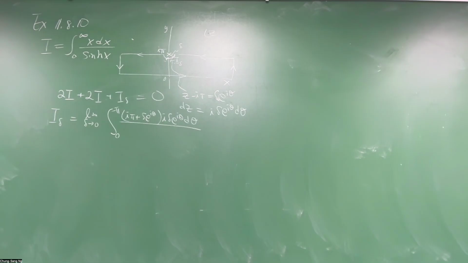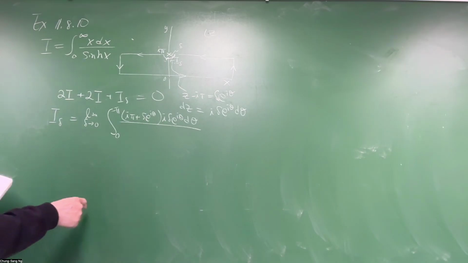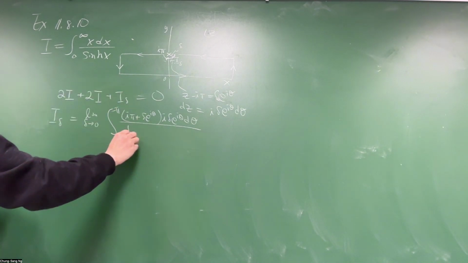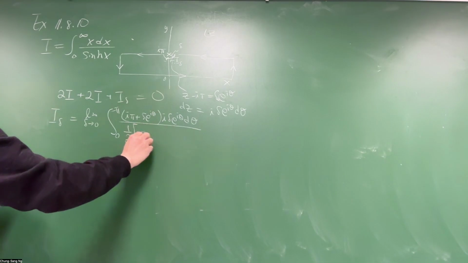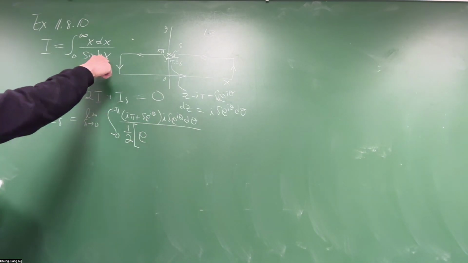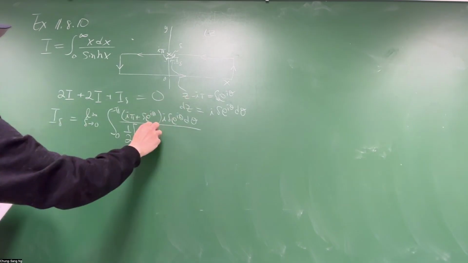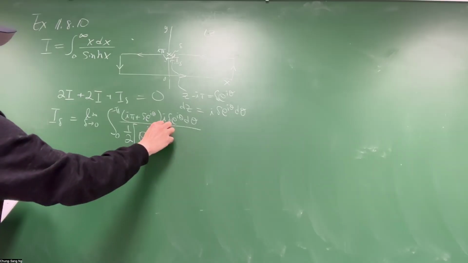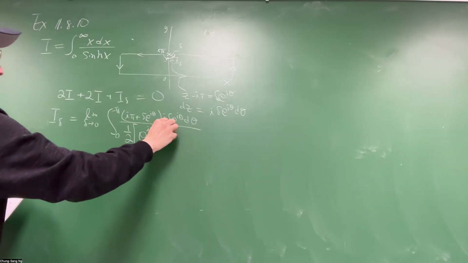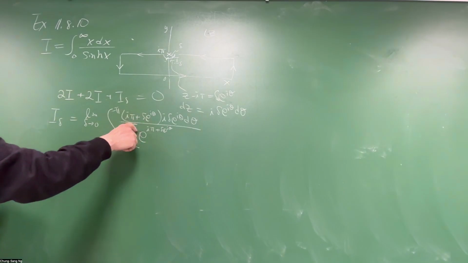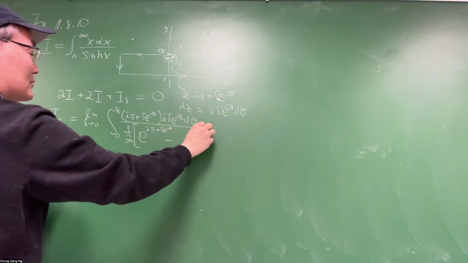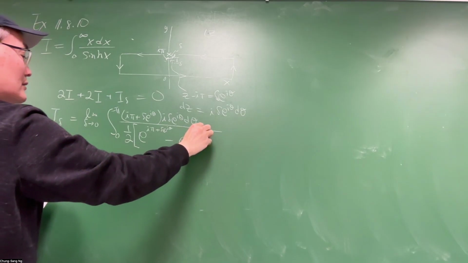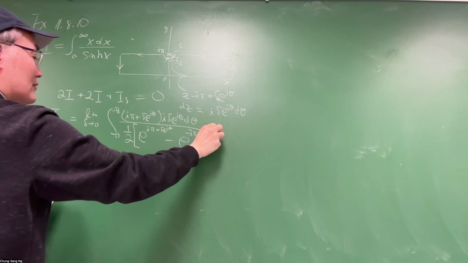Now for the denominator, you just need to use the definition of sinh: one half of e to the x becomes e to the z. z is this one, so it's i pi plus delta e to the i theta, e to the z minus e to the minus z, minus i pi minus delta e to the i theta.